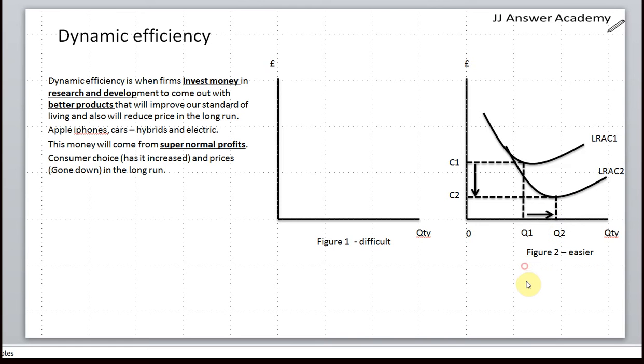So the LRAC curve has moved downwards to the right, has shifted, not moved, sorry. The LRAC1 curve has shifted rightwards because of research and development.